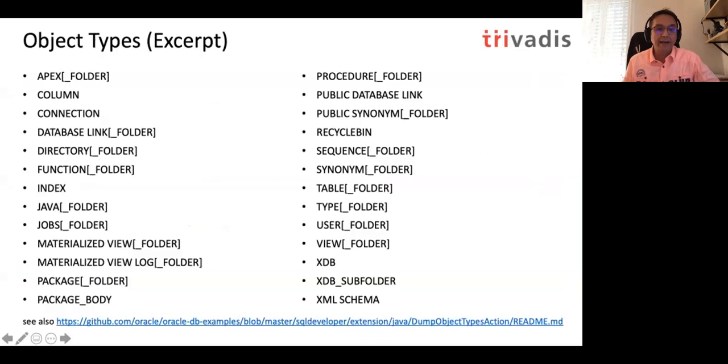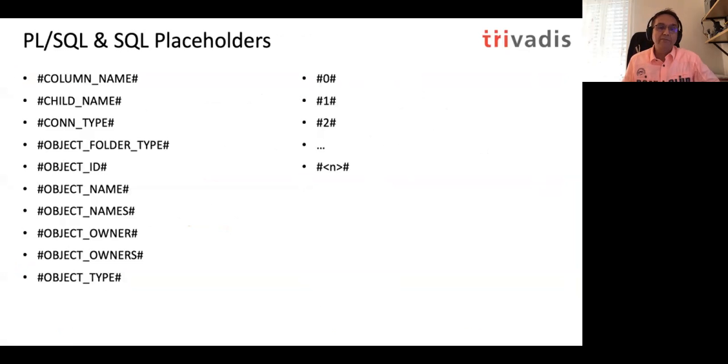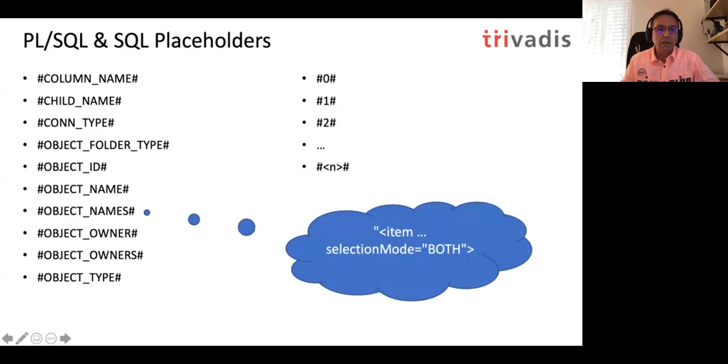Again, I can define it basically on every object type. Here's just an excerpt. And I have placeholders for PL/SQL and SQL, a lot of them. One is interesting here, the object names.